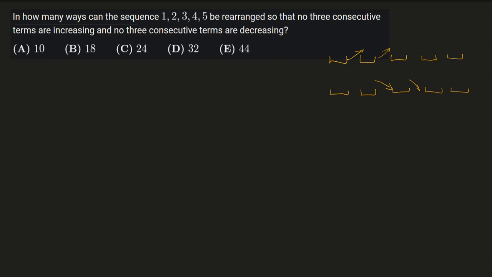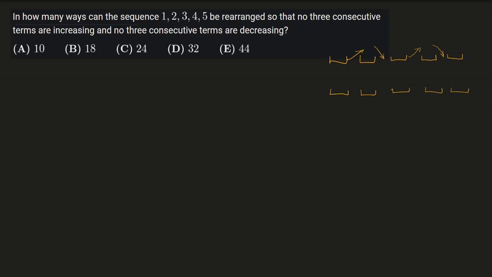Then let's look at the flip side of this coin. I'll clean up the signs a little bit. When we do not have 3 consecutive numbers that are increasing or decreasing, then when we increase between the first 2 numbers, we have to decrease in the next place, and then increase again, and then decrease again.